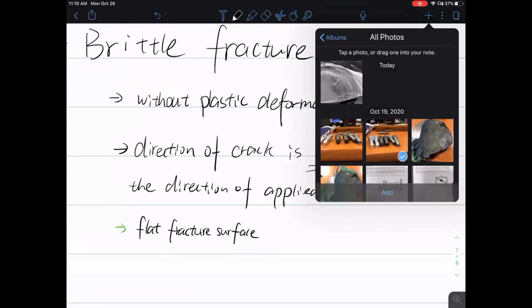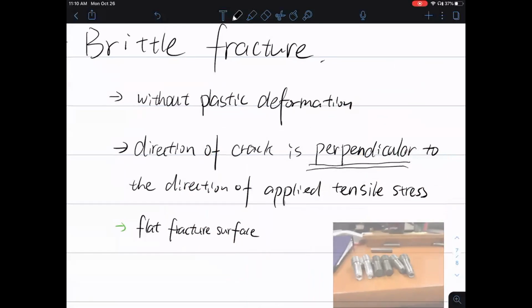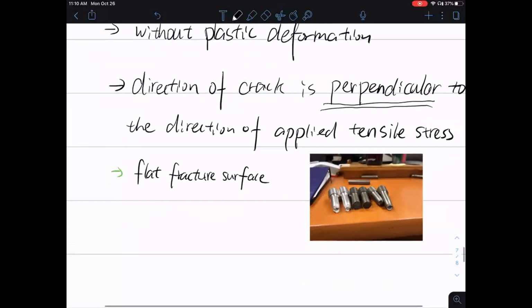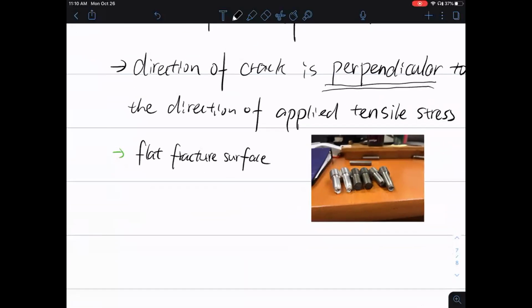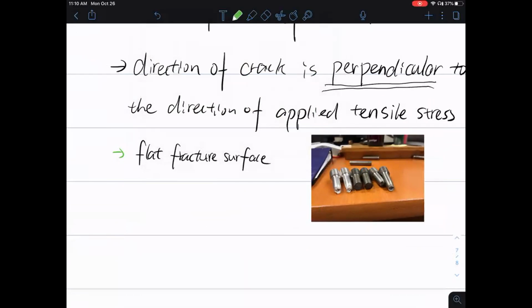Right here. What do I mean by flat surface? If you look at the middle one, it's fairly a brittle material, so we'll end up with a flat fracture surface.